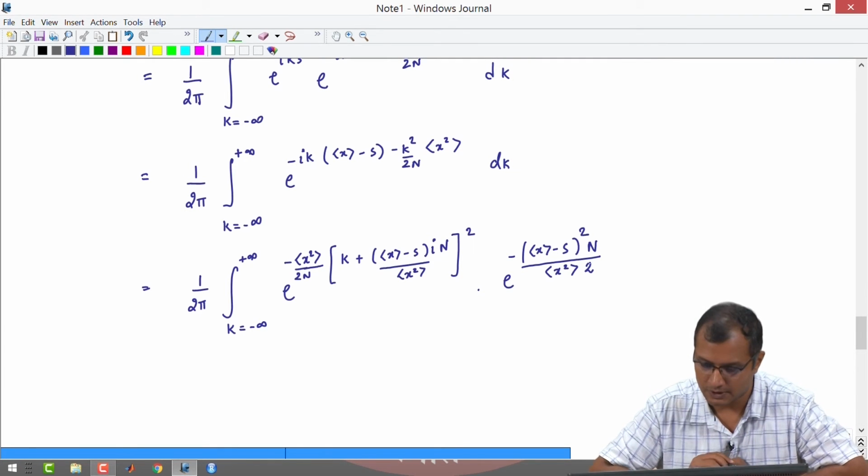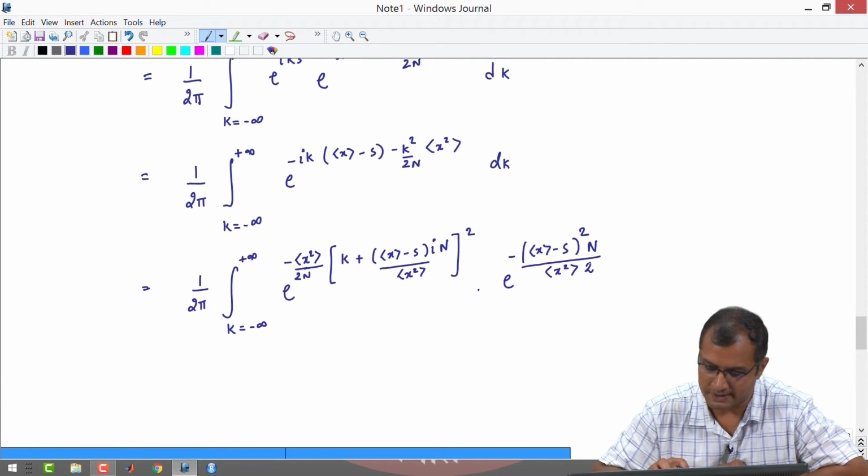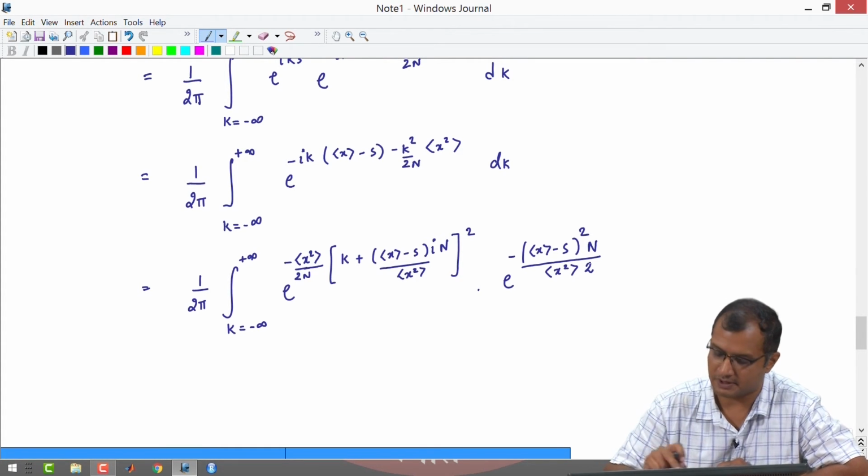So the quadratic term would be n square cancels with n, that gives me an n here, i square becomes minus 1, and I will have an x square in the denominator. So that is it.